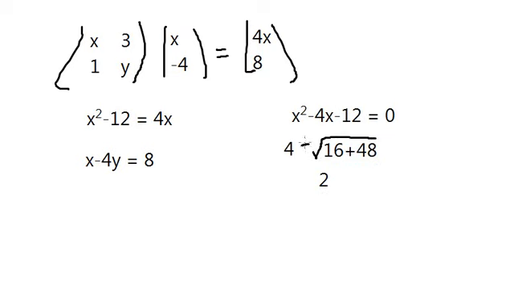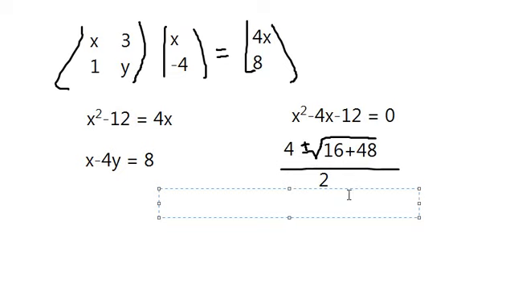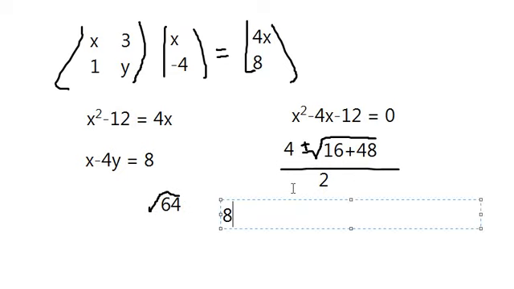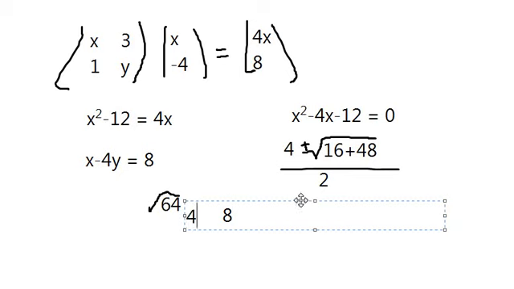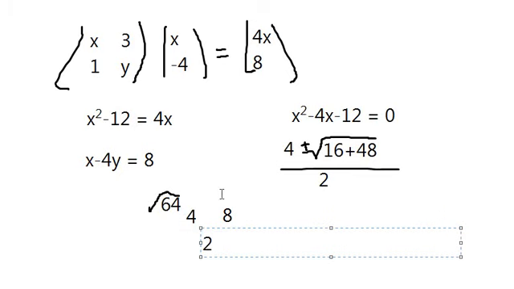Roots plus or minus that. So now what we need to do is just the calculation. 16 plus that is actually 64, I think. Yeah, 64. Root of 64. Who can do that? 8. Okay, so that's quick. 8 plus or minus 4, and over 2, and again you can factorize it.